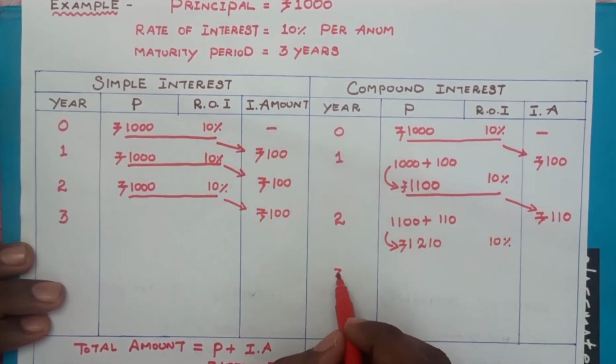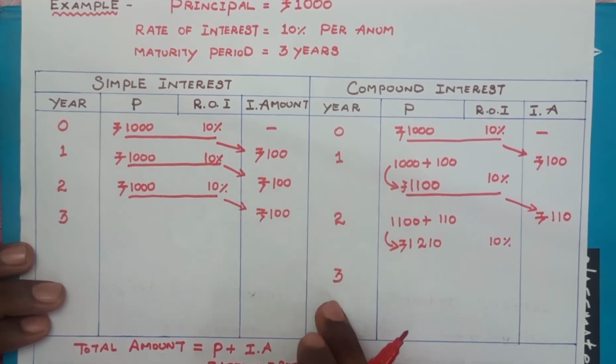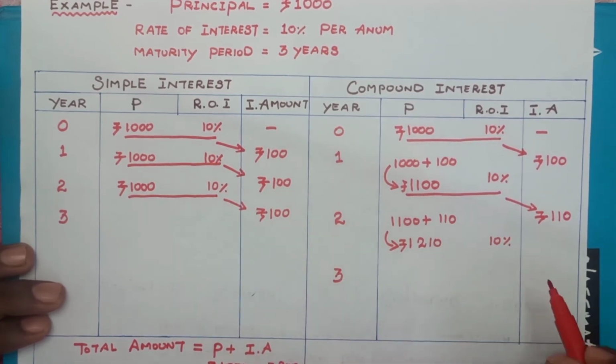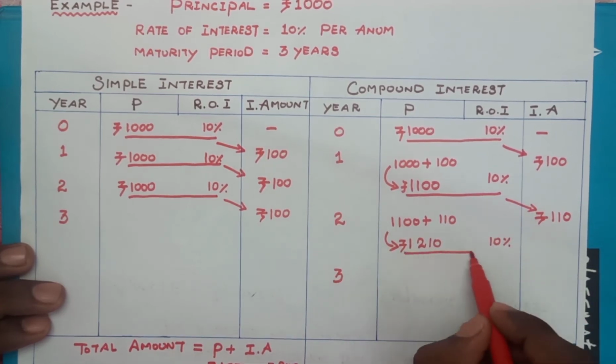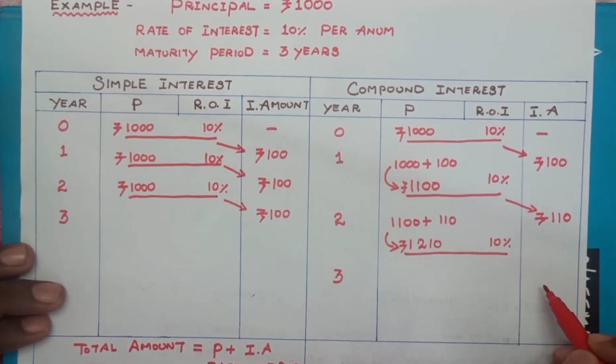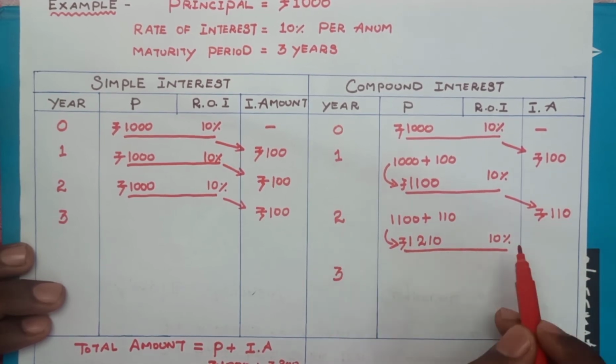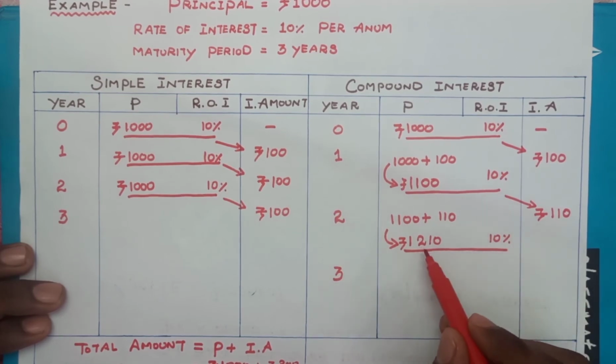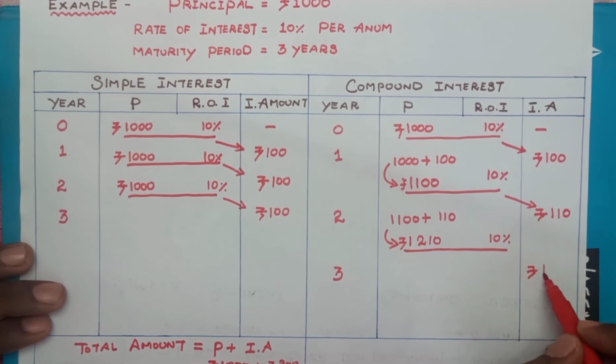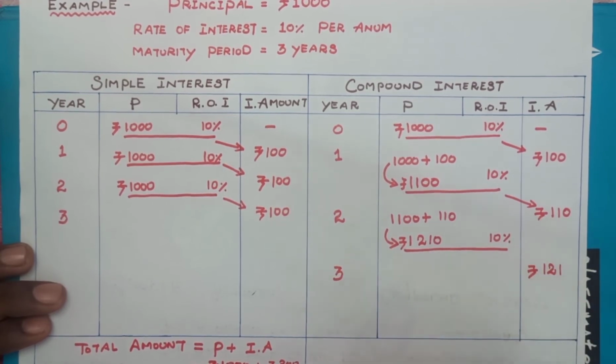And now you enter into 3 years, that means completion of 3 years. And what amount will you get after completion of 3 years? We calculate the interest amount after completion of 3 years based on the previous year principal. That is 10% of 1210, which is 121 rupees here.